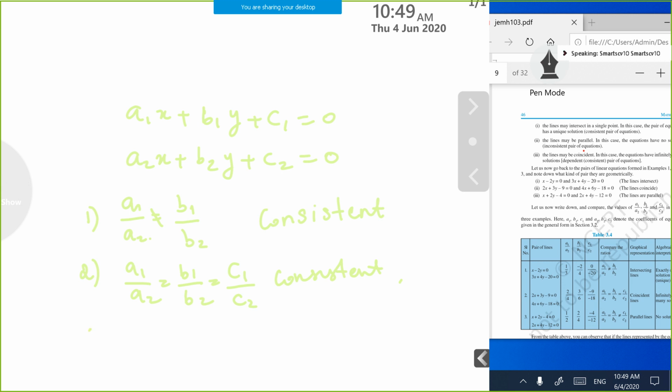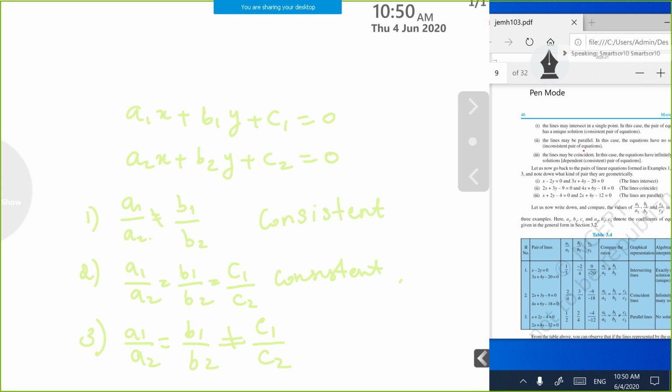Third case: a1 by a2 is equal to b1 by b2, which is not equal to c1 by c2.